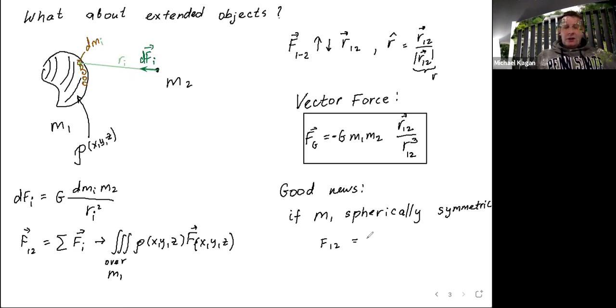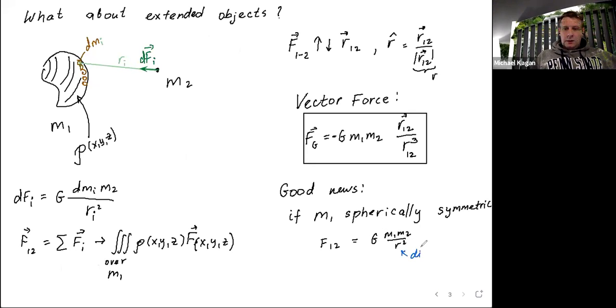So for those objects, the force reduces to just the regular Newton's force of gravity, assuming that the extended object collapsed to its center of mass. So it's just G m1 m2 over r squared, and the r is the distance from m1's center of mass.